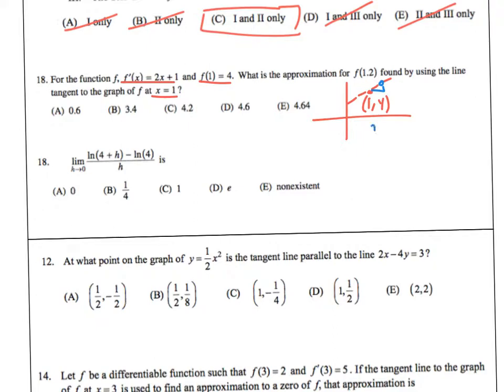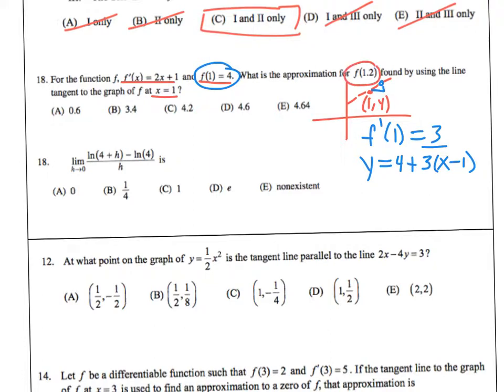So this is going to be a multi-step thing. We're going to have f prime of 1, because we want that tangent line. That's going to be 2 times 1 plus 1, which is 3. So our tangent line would be y equals 4 plus my slope of 3 times (x minus 1).